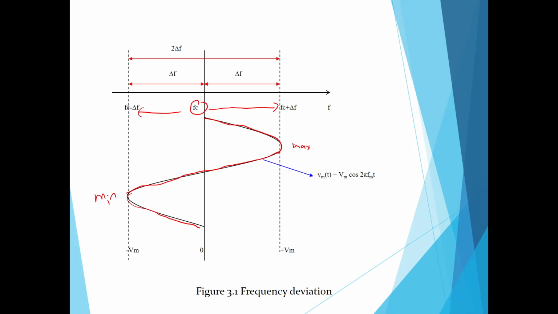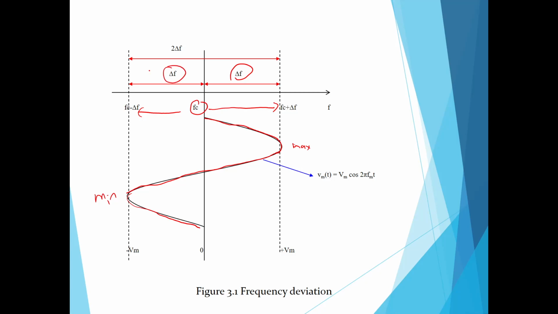You will see about that later. When we change the frequency of the carrier, the phase of the carrier also changes indirectly. Delta F here is what we call the frequency deviation.